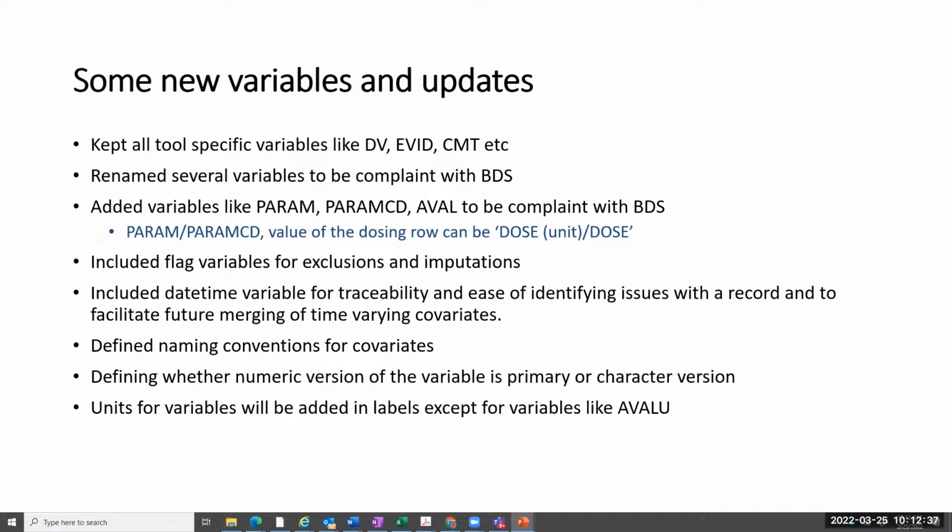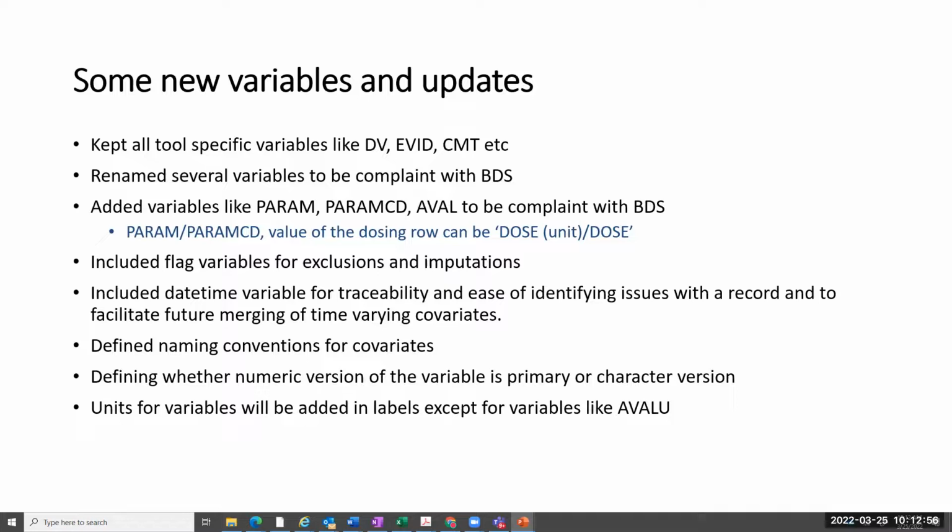Similarly, if we have modified a record, let's say the dose date is available, but the time was missing, and then we imputed, we will have an ability to identify those records and put it into a variable. So it's easily traceable what has changed.